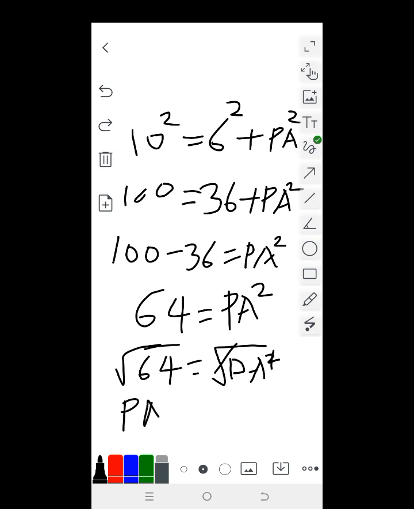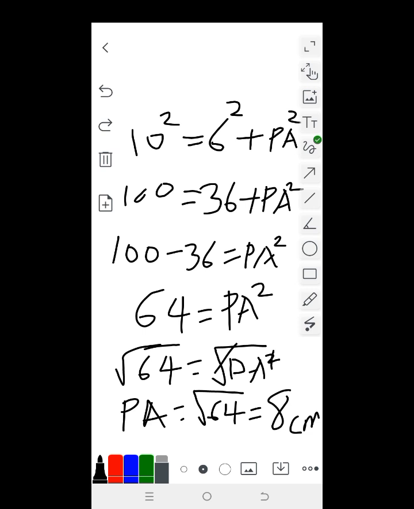And from here, we have line PA to be equal to square root of 64, which is 8 centimeters. Do not forget the unit we're working with is centimeters. That means the distance of the midpoint of the chord from the center of the circle is 8 centimeters. Good. I hope you're getting it.